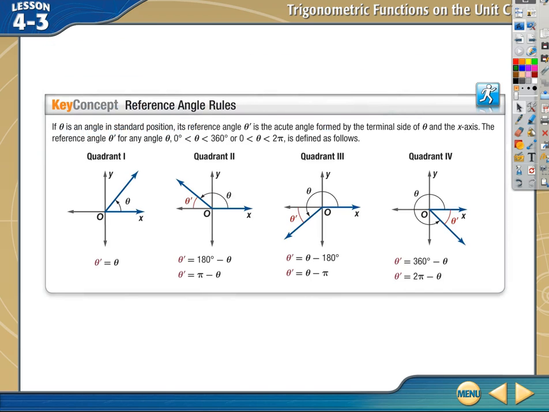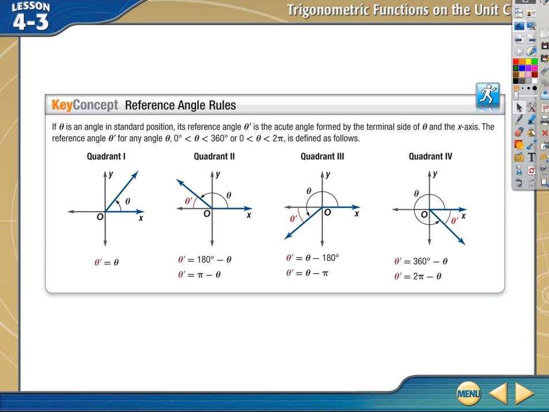Okay, so we talked about reference angles before. Reference angles are very important. Reference angles will help me determine where to look in my unit circle. If I can figure out what the reference angle is, I can figure out what to look for in my first quadrant.